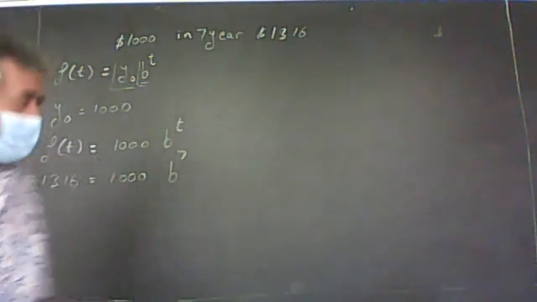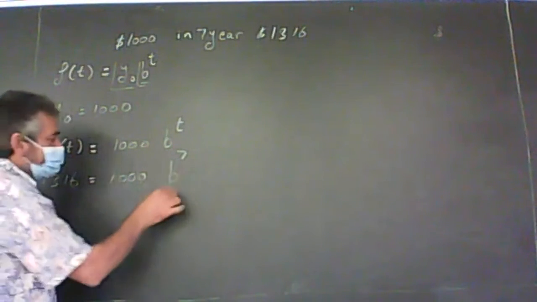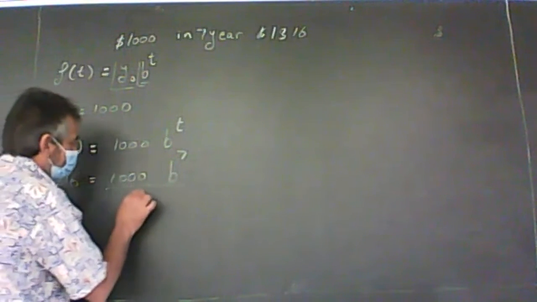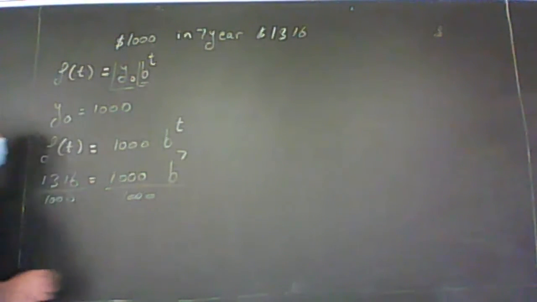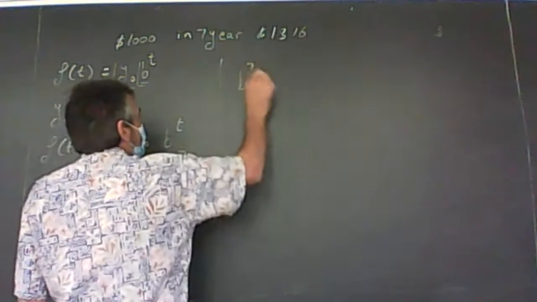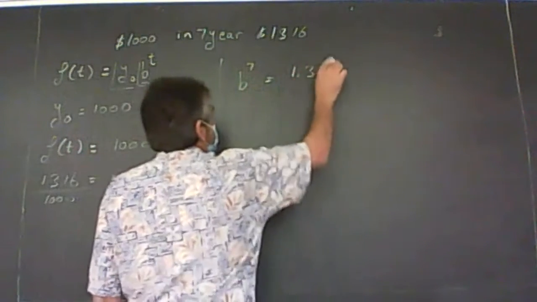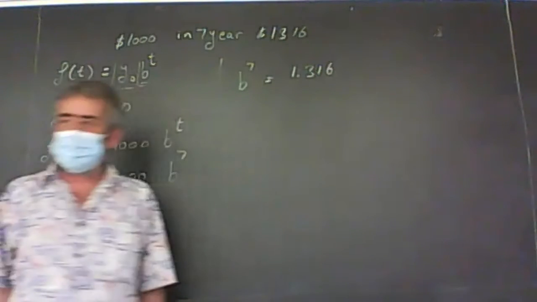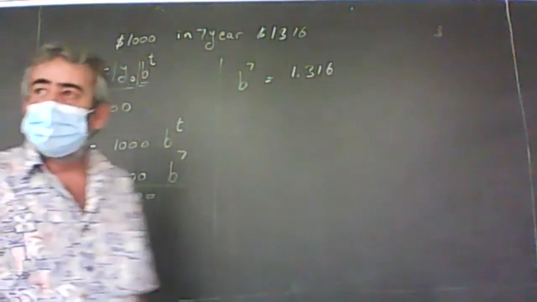Well, we have 1,000 multiplied by that, so I can divide by 1,000. So now I can say b to the power 7 equals 1.316 after I've already divided. How do I solve for b now?